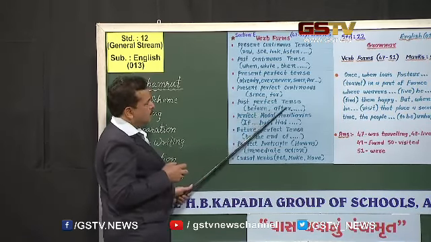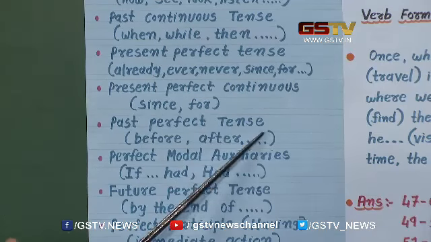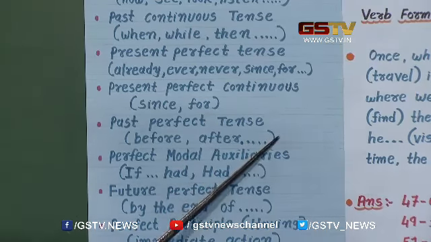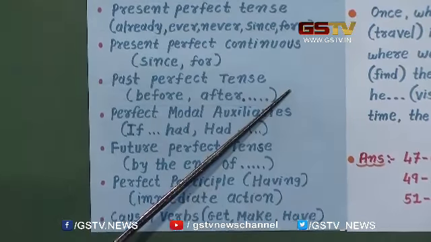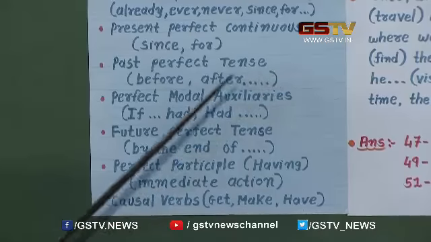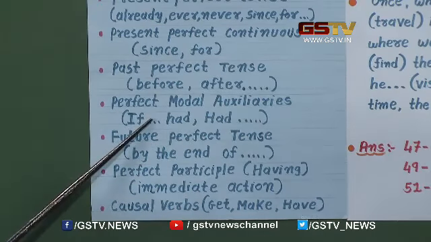Past perfect tense, words like before, after, and here you have to find out that you are going to get at least one sentence in simple present tense, simple past tense. Perfect modal auxiliaries, very important.